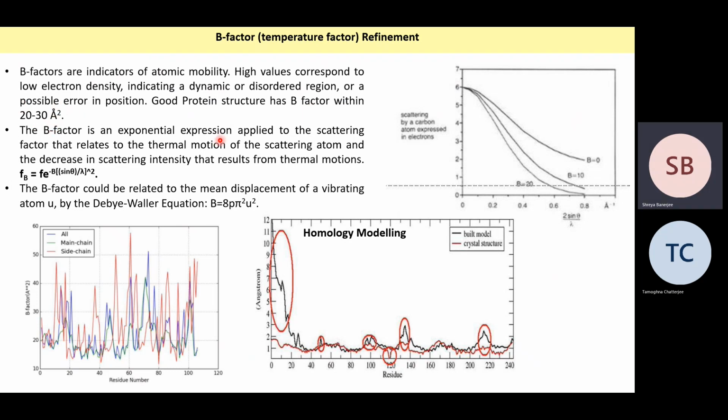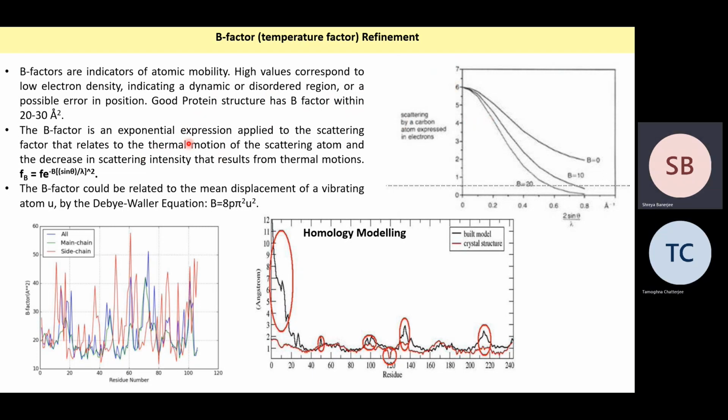If the B factor that we get from our diffraction pattern is higher than this, either it can mean that we have made a mistake because a protein cannot be that mobile, or it means that it is a disordered protein. You have heard of intrinsically disordered proteins or IDP. So a high B factor can mean that it is an IDP.